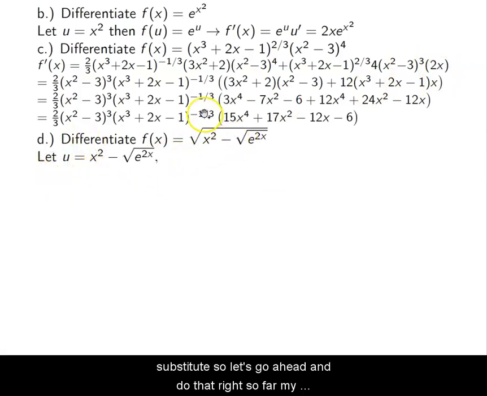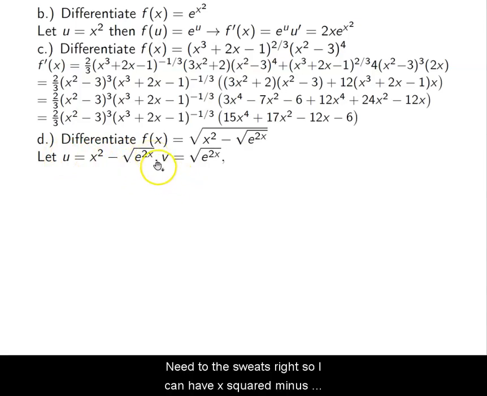So for my first function, I have this function inside of the square root. So I'm going to start from the outside and work my way in, right? So inside of u, I have e to the 2x, right? So I can have x squared minus this other function, which is square root e to the 2x. There's different ways to break this down, right? So inside of this function, I have e to the 2x.